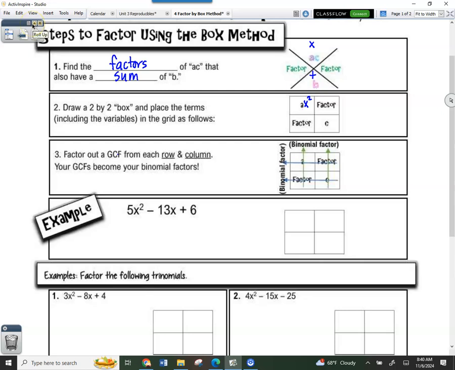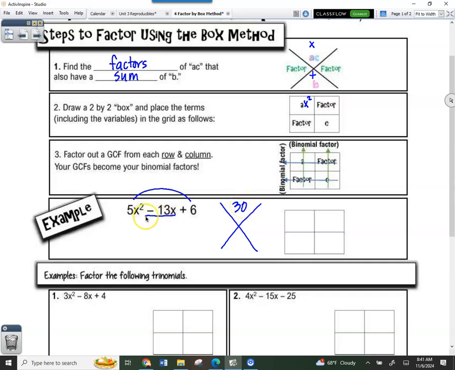All right, here we go. Example. And by the way, I'm going to do one example, and if you get it, take off with it, because it's the same every time. Nothing changes. Okay? First part, A times C. Come over here. This should look like the same thing from yesterday. 5x squared times 6. 5 times 6 is 30.